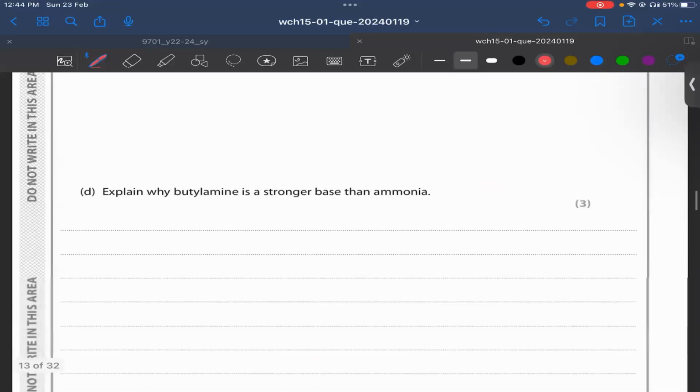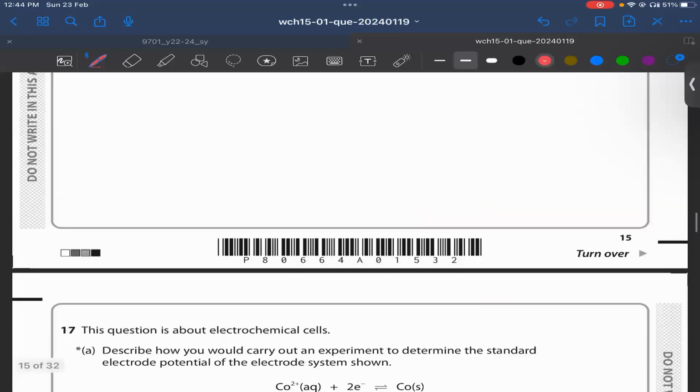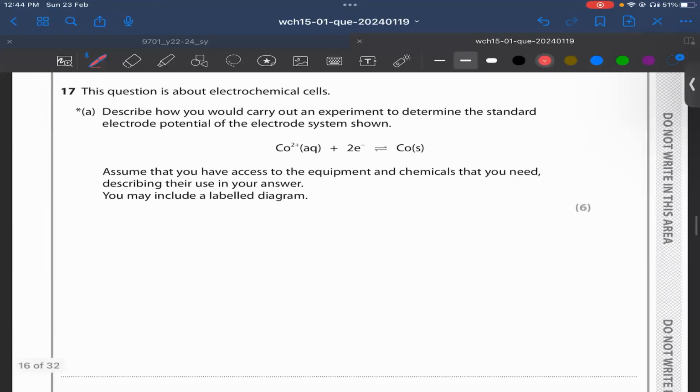Now the theory part. This question is about electrochemical cells. Describe how you would carry out an experiment to determine the standard electrode potential of the electrode system shown.